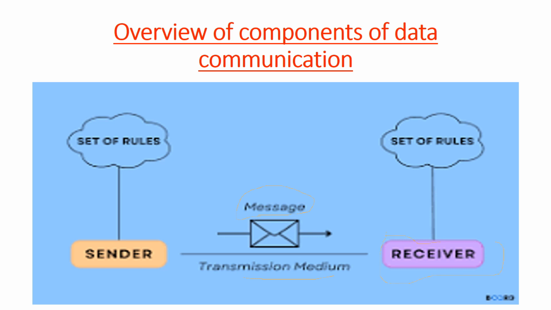The receiver receives the message. Then at the receiving point there has to be a set of rules that guide how receiving has to be done. We also have a set of rules at the sending device, which governs how messages or information should be sent.